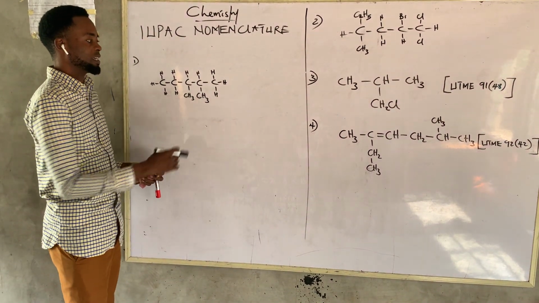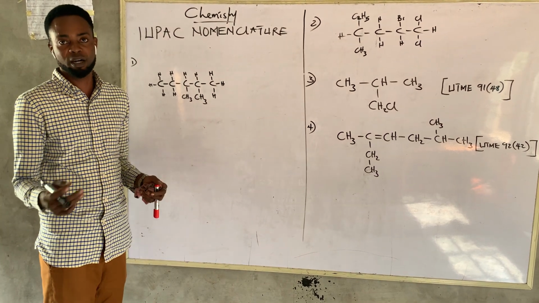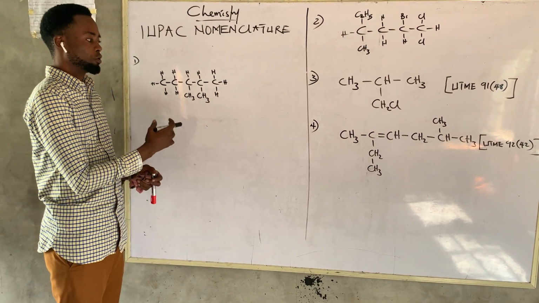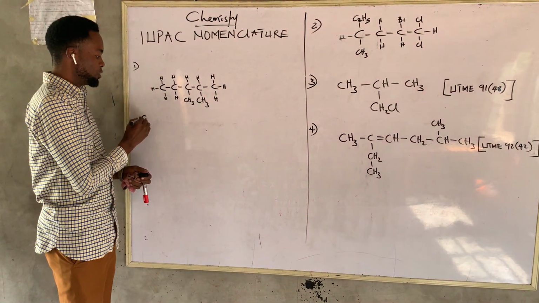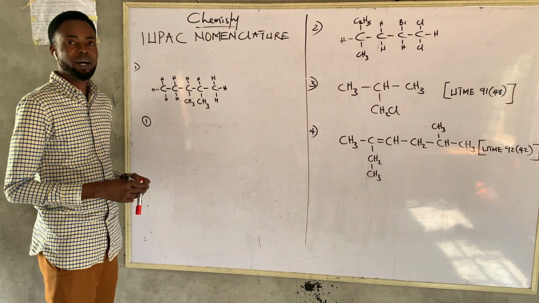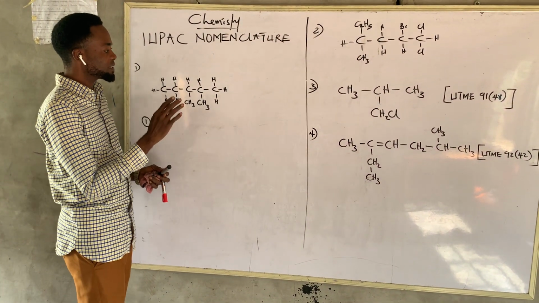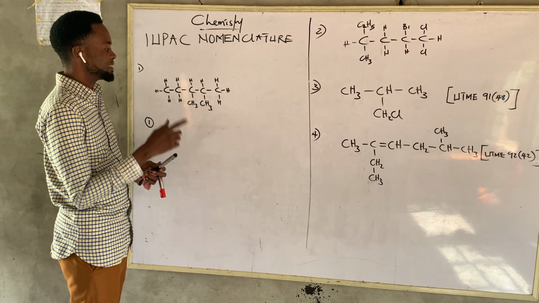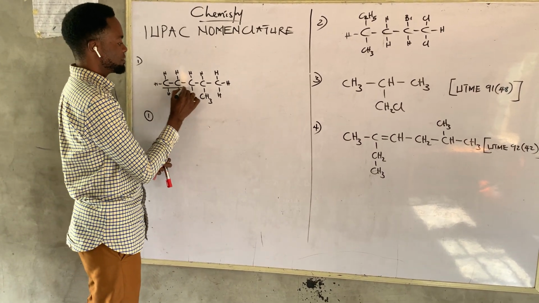Now, there are some rules that govern the naming of organic compounds. In the course of naming, we will learn the rules. Your first rule is to identify the longest chain. So what we are saying is you consider the longest chain. This is quite simple. So here we have the longest chain.